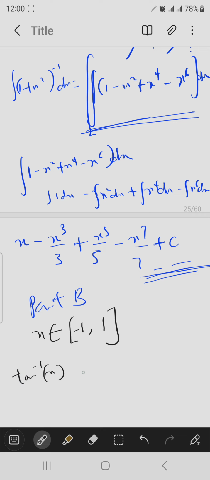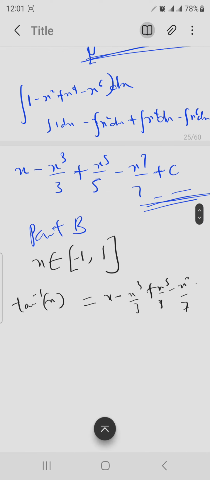The first thing you are going to do is that we have arctan x, which equals this function that we just calculated, which is x minus x over 3 over 3 plus x over 5 over 5 minus x over 7 over 7 plus dot. I don't need to be writing all those things. Let me just stop at x over 5.